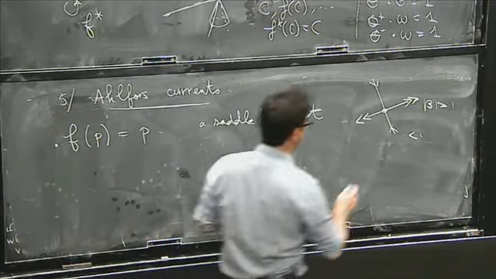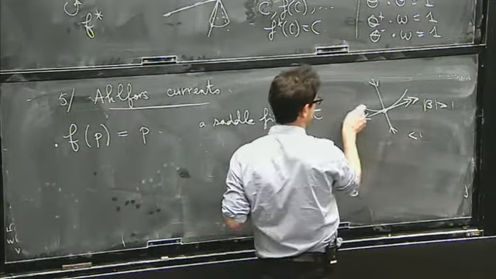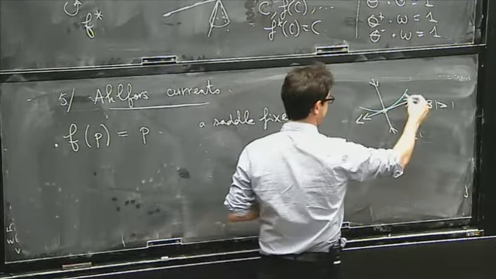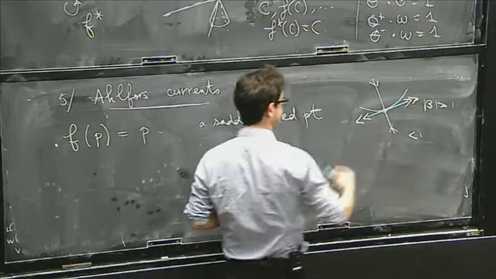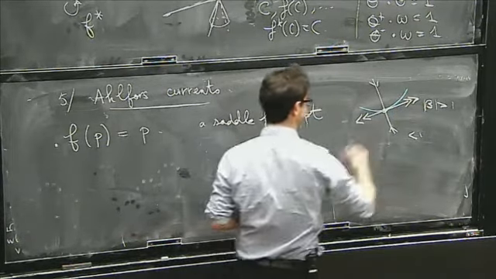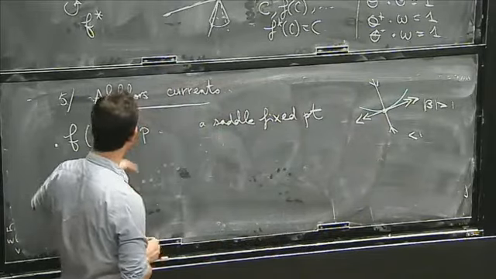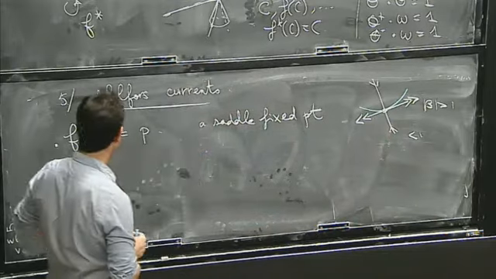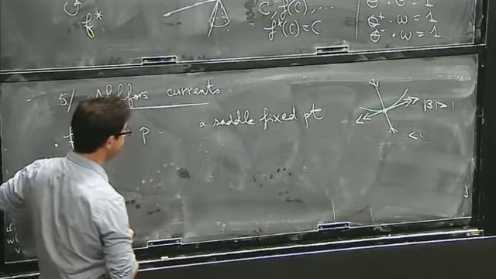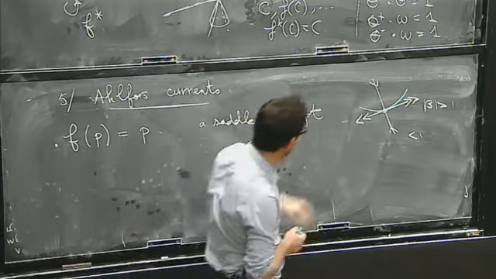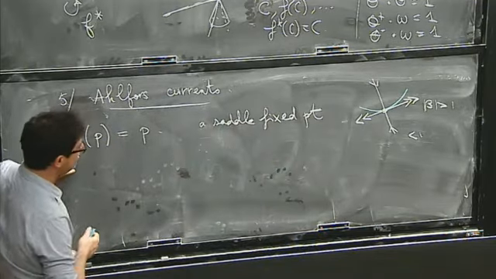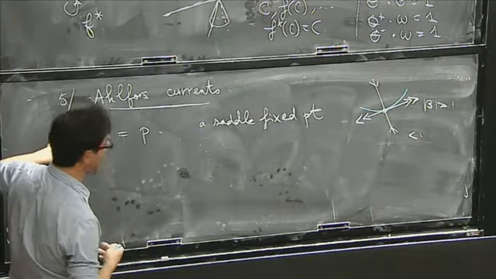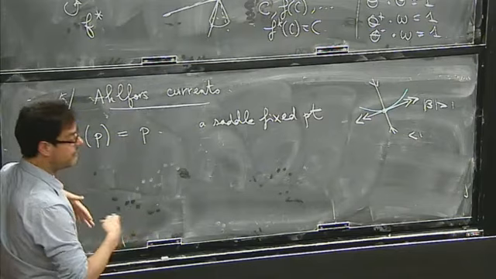So locally, if I take a small ball around the point, I take the stable manifold and I take the intersection, the connected component which contains the point looks like a disk. Okay, so since everything is holomorphic, it's like a holomorphic disk. And the stable manifold is a union. So this one is the unstable manifold. So the unstable manifold is the union of all images of this disk by the forward iterates of f.